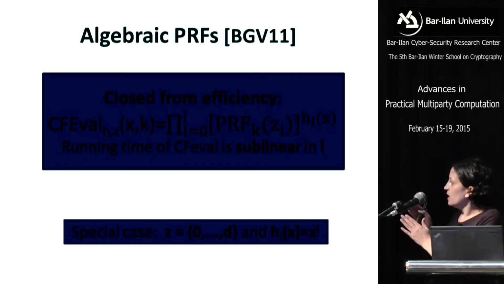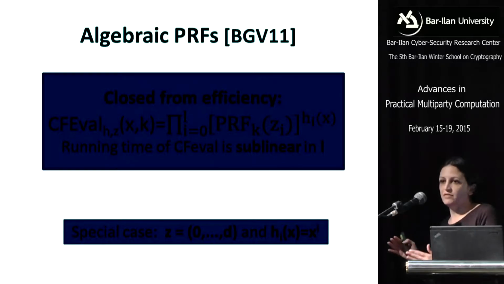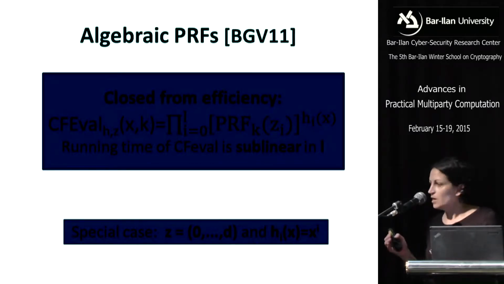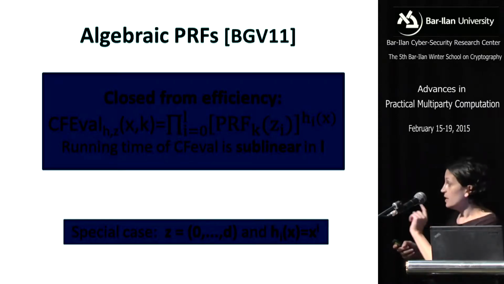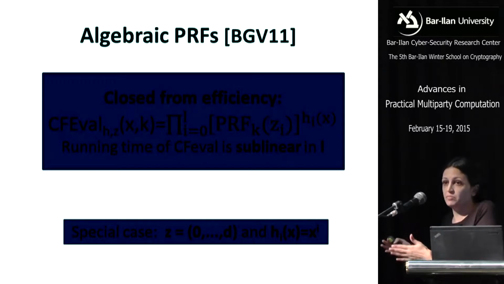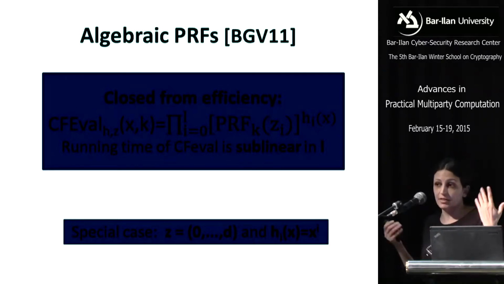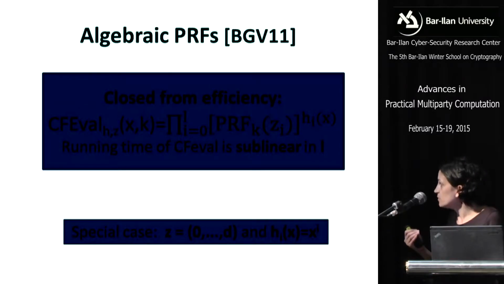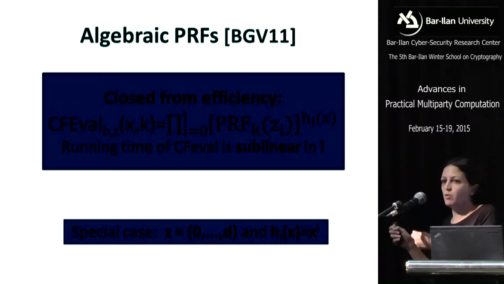Let's start with the z_i values. These are the inputs to the batch PRF evaluations. For this talk, we only consider a special case where z is the vector of integers between 0 and d, where d will later be the degree of our polynomial. The second parameter is the h_i values. Here we only consider the exponent h, so h_i(x) is x to the i.